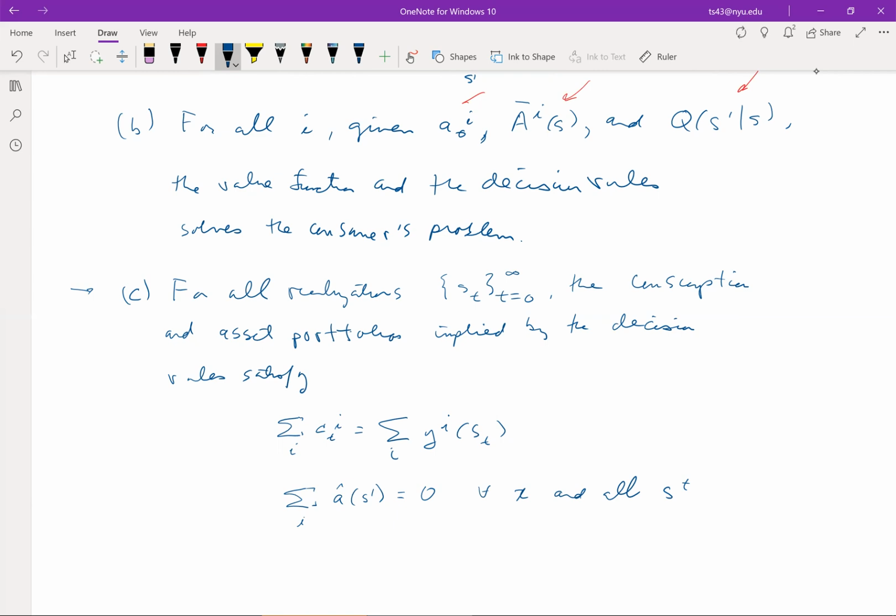I want assets to balance out, borrowing and lending state by state, next period.